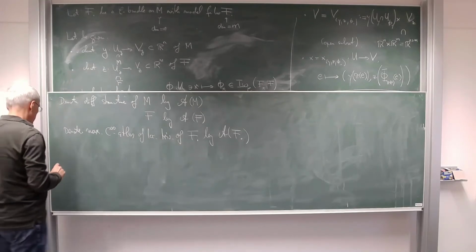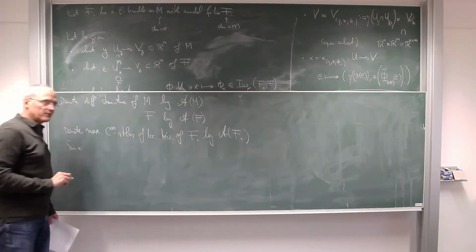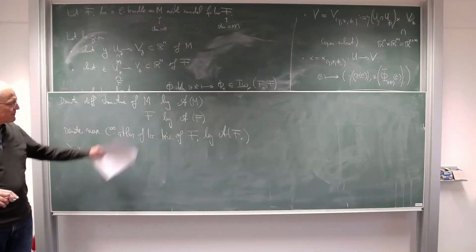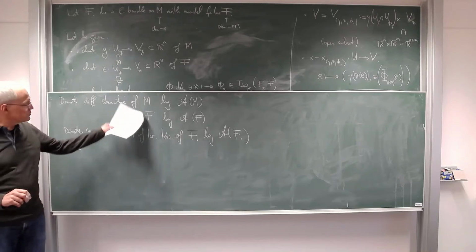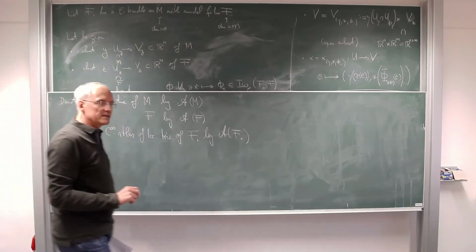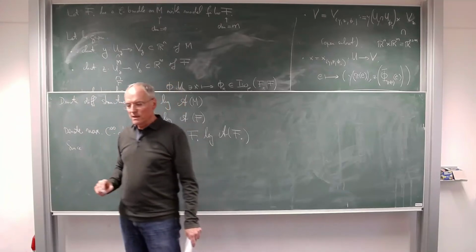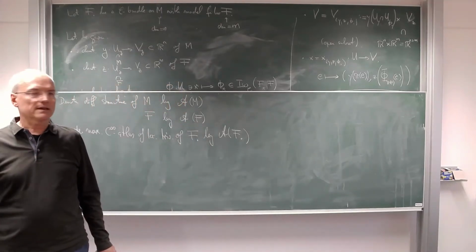Now, there's one remark. Since M and F are manifolds, and by definition manifolds do have countable bases, we know they do have countable bases. And if you know that you have a countable base on a topological space, then each open cover has a countable subcover.